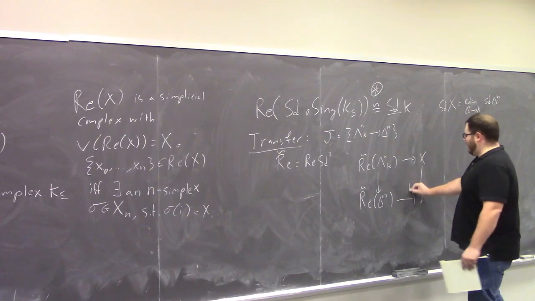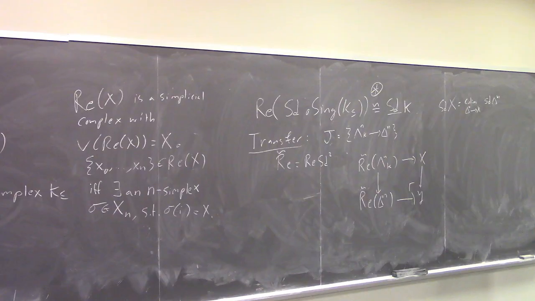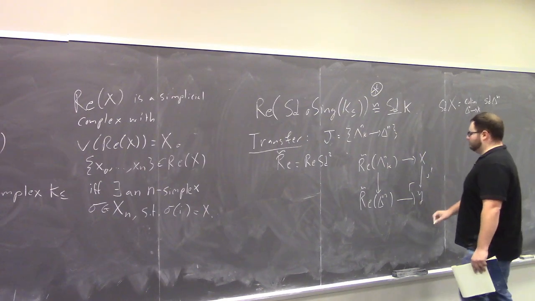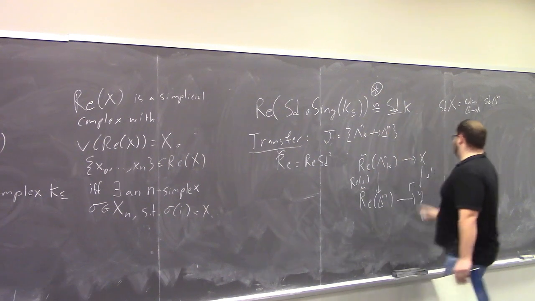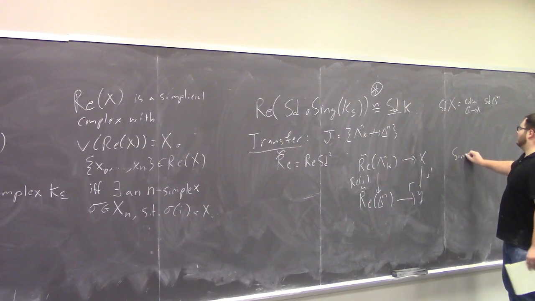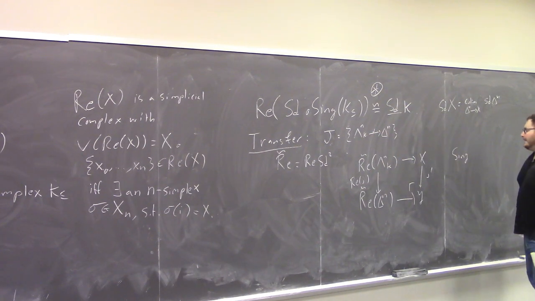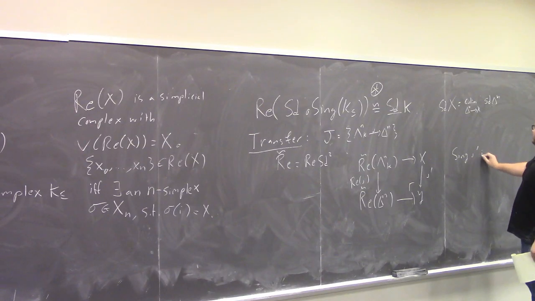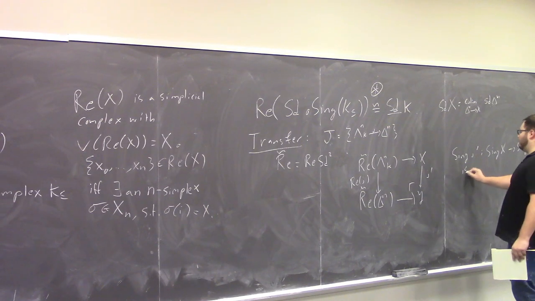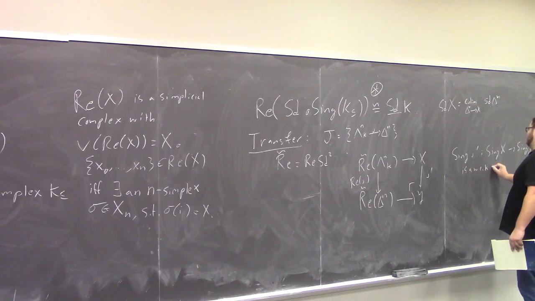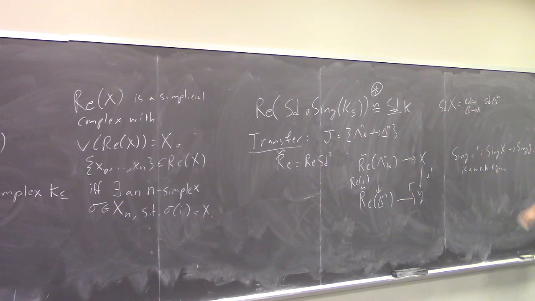And I want to show if I have a pushout like this, then Sing of this map is a weak equivalence. If I show this is a weak equivalence, then I've transferred the model structure. I have to prove a couple of other things, but those other things are automatic.